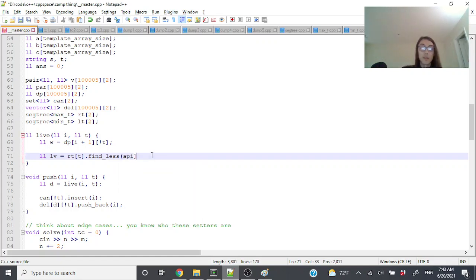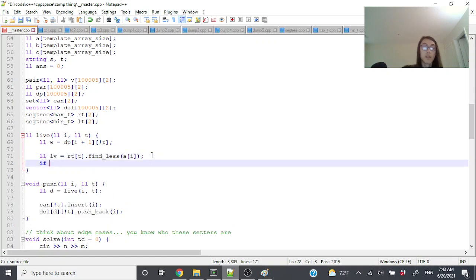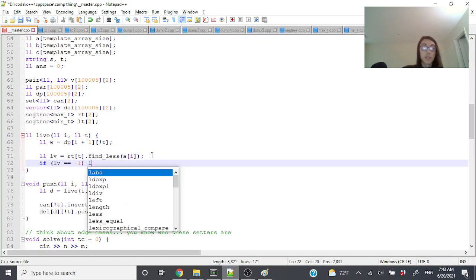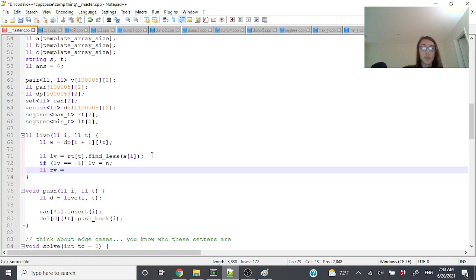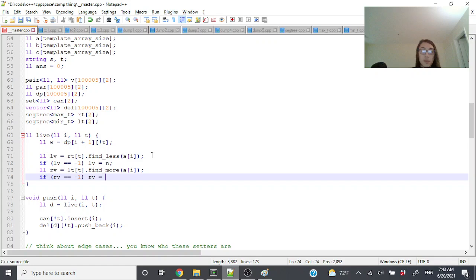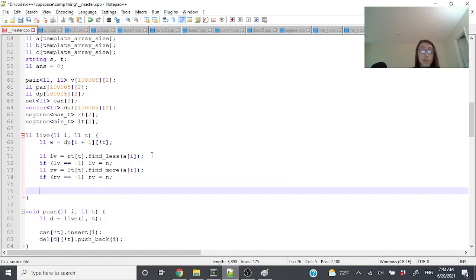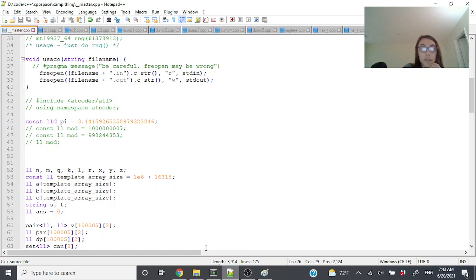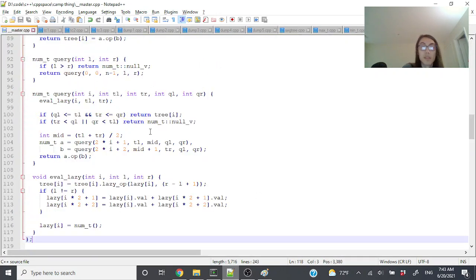How long do we live with this? If lv is equal to -1, lv is equal to n. rv equals lt t.find_more a[i]. If rv is equal to -1, rv is equal to n. Return min of lv, rv. So now I basically just implement this second tree, and it actually shouldn't be that bad, right?